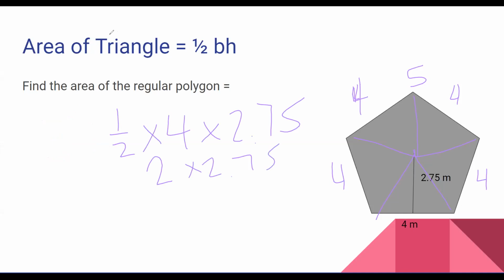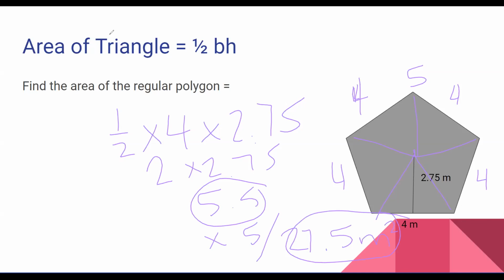When I multiply that together, I get 5.5. That's for one triangle, but I have 5 of them, so I'm going to multiply that by 5. 5.5 times 5 is equal to 27.5, and it's in meters and it's area, so it's going to be squared. So I have 27.5 meters squared.